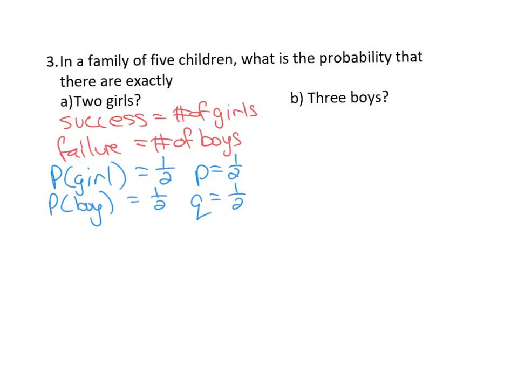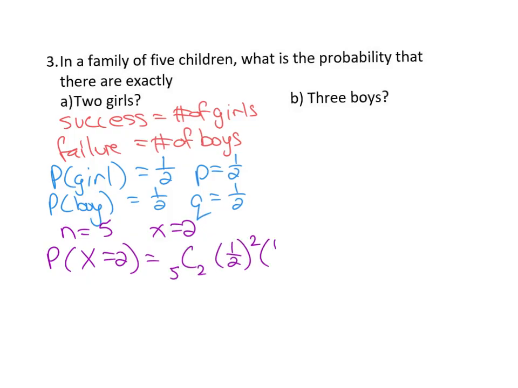So n is 5, and x is 2. Or we have a 31.25% chance of having exactly 2 girls.